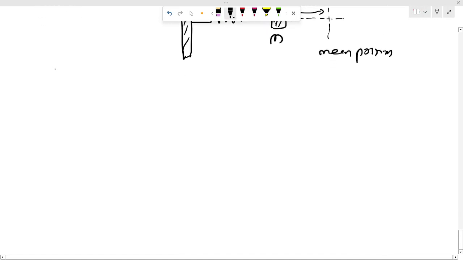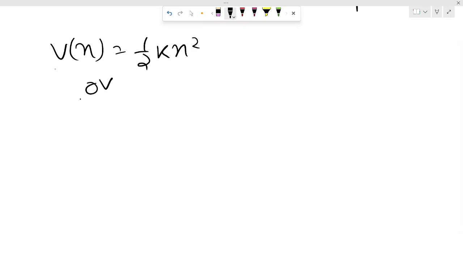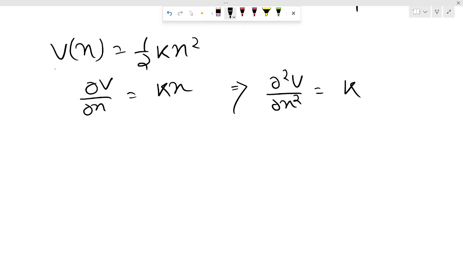Okay, if I have the potential V(x) is equal to half kx square. Okay, so del V upon del x will become kx. So if I will find out the del square V upon del x square, it will become k. So I know that k is equal to your how much? M omega square.